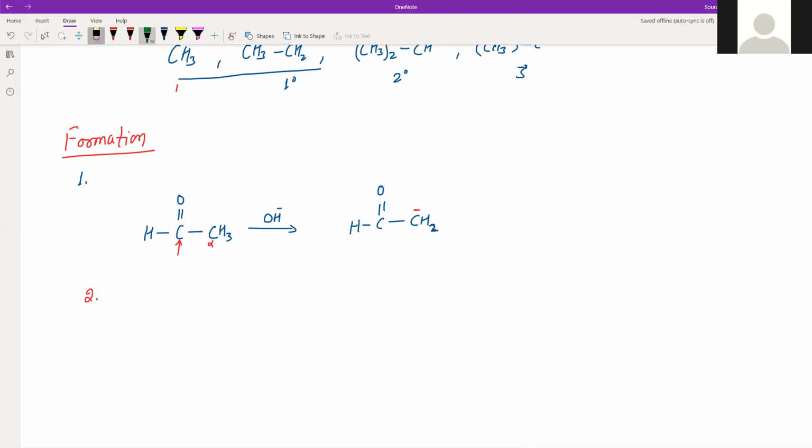This is by removal of alpha hydrogen of aldehyde or ketone by a base. Because hydrogen has to get removed, there must be a base for that, that will take away the H plus. Right. Next.